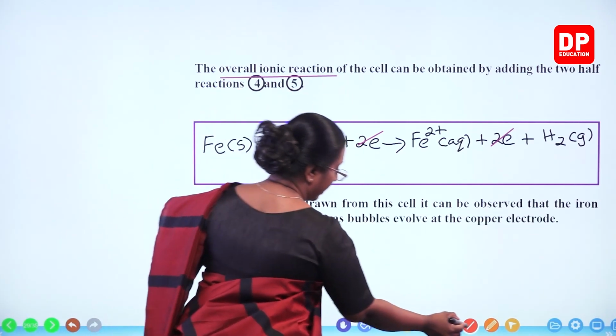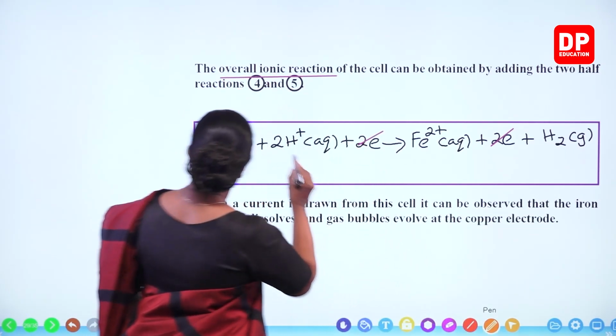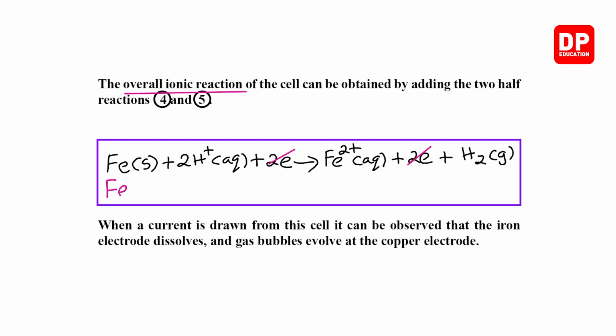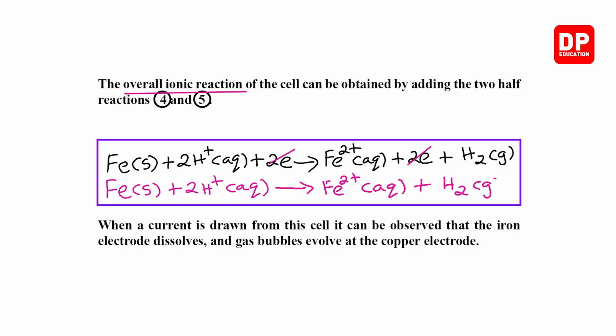Overall ionic reaction is going to be Fe solid plus 2H plus aqueous, giving rise to Fe2 plus aqueous and H2 gas.